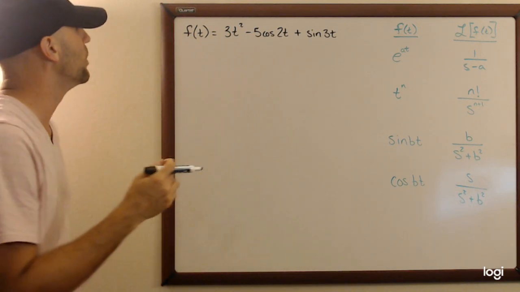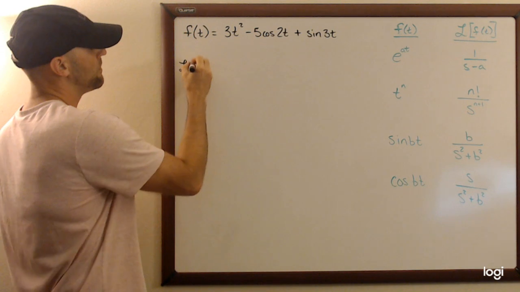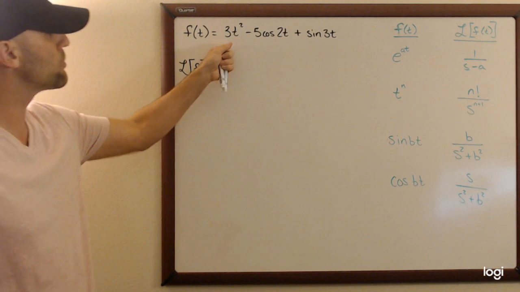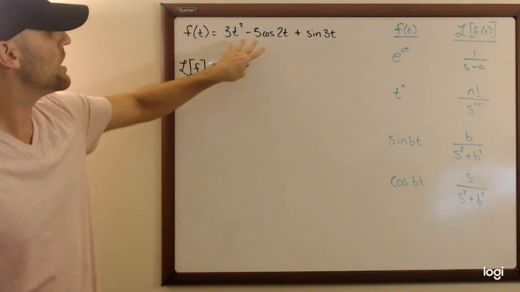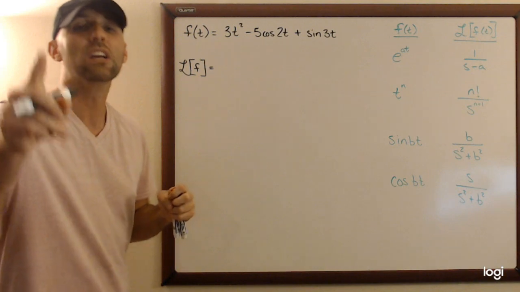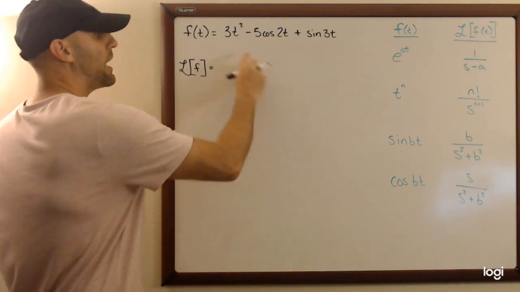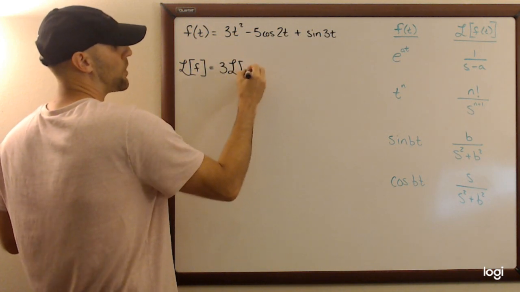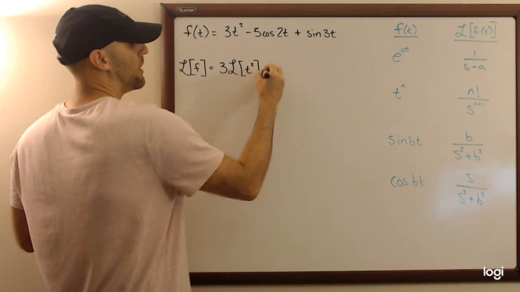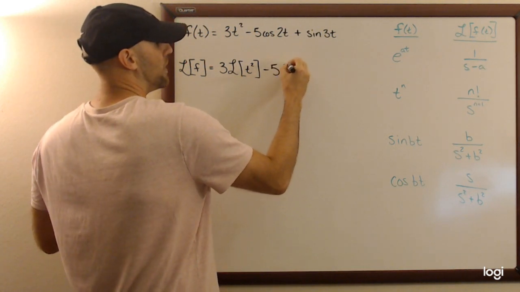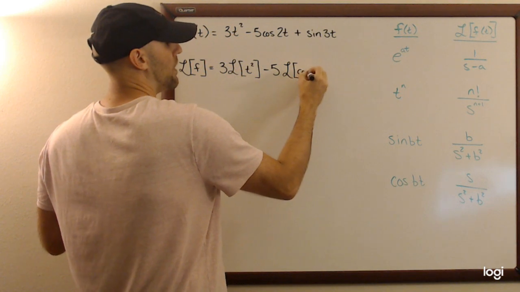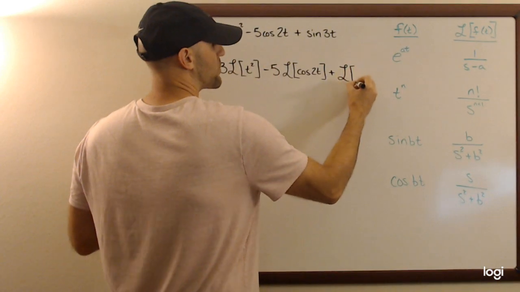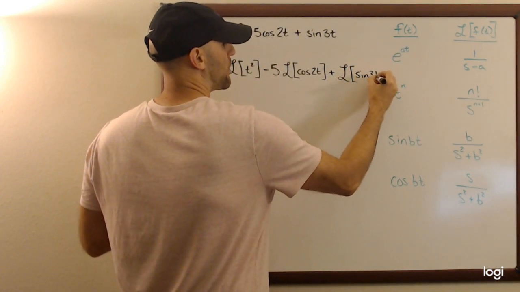So if I'm looking at the Laplace transform of f here, I don't have to write the Laplace transform of the whole thing, right? Because each individual term I can take a Laplace transform of, and each scalar can be factored out. So I can rewrite this as 3 times the Laplace transform of t squared minus 5 times the Laplace transform of cosine 2t plus the Laplace transform of sine 3t.